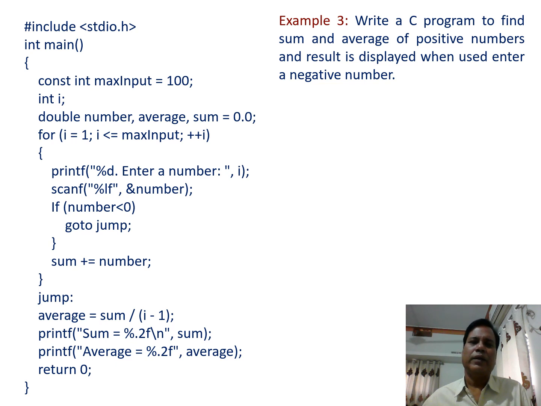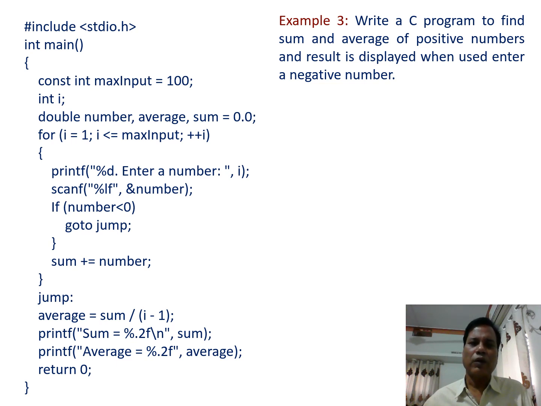Int n, another integer variable i is declared. Double number, average, sum equal to 0.0. So these real variables of double type, number, average, sum are declared. Sum is initialized with a value of 0.0.